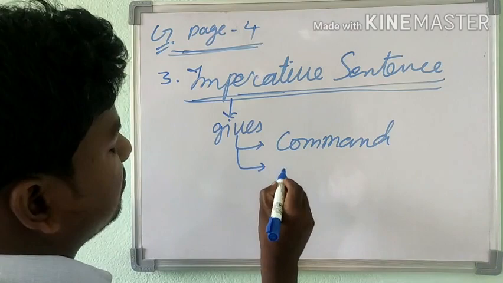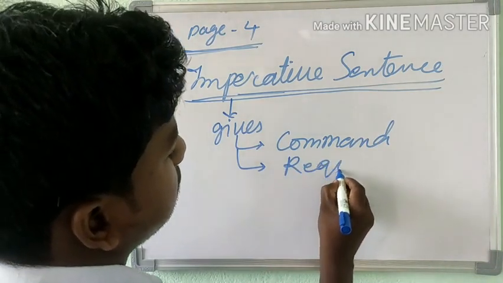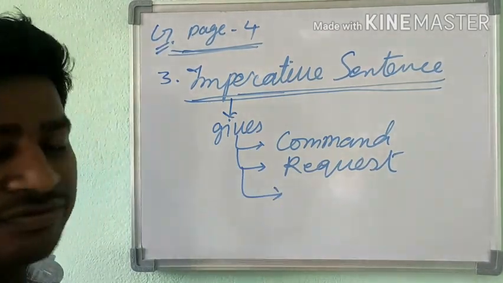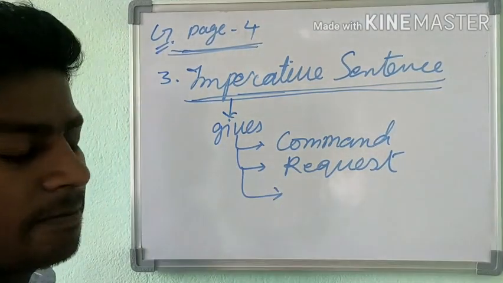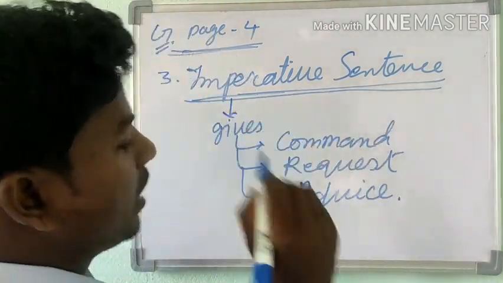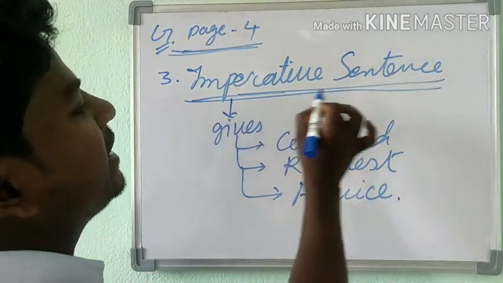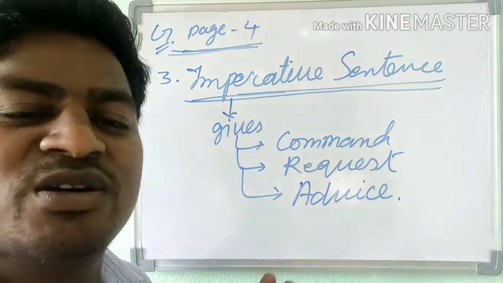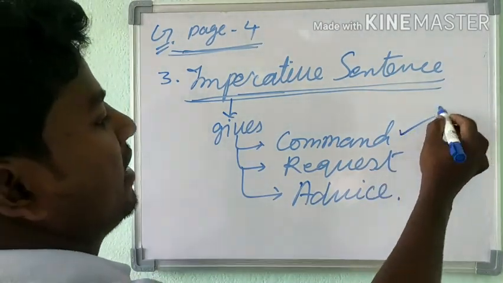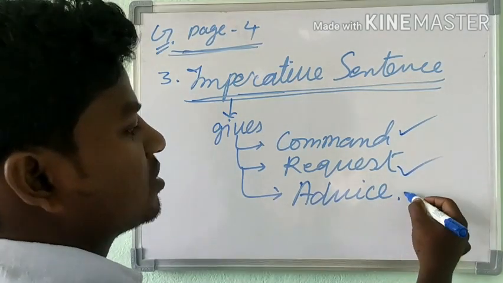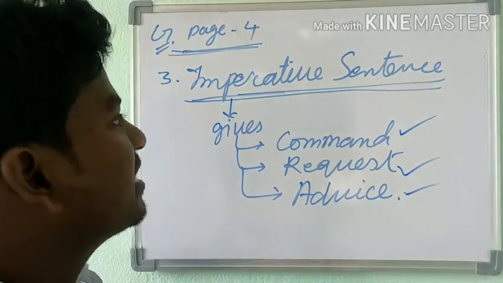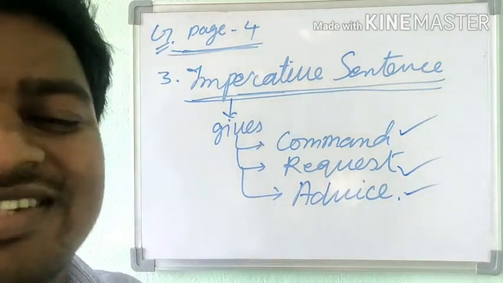It also gives request, and it also gives advice. So imperative sentences are those kinds of sentences which tell some command, some request, or some advice. Those kinds of sentences come in the category of imperative sentences.